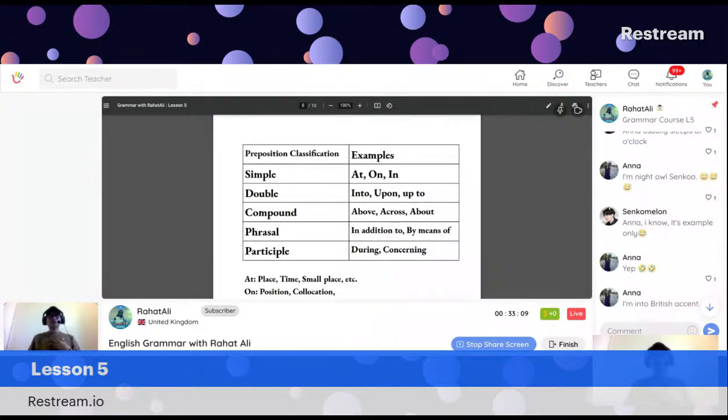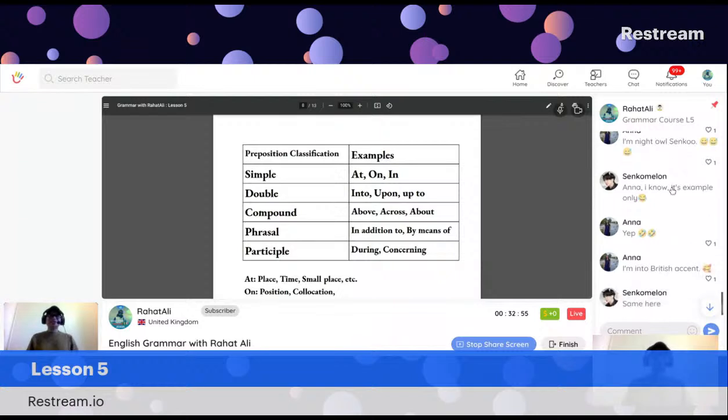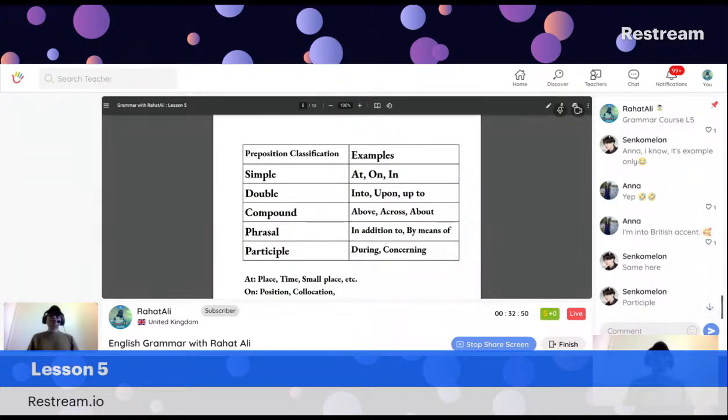And participle, if you remember, what are participles? When we use "ing" with a verb, that time the verb becomes a participle. Remember that very often we get confused between participle and gerund. When this verb has an "ing" at the end but works as a noun, we call it a gerund.